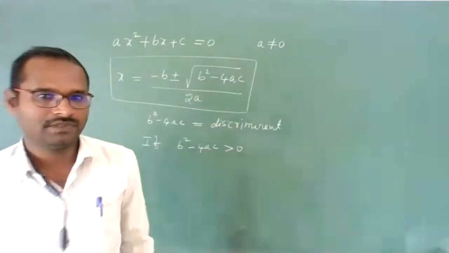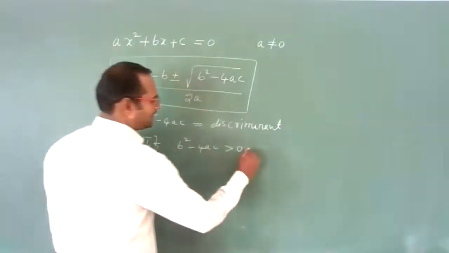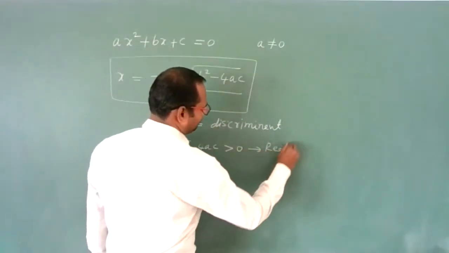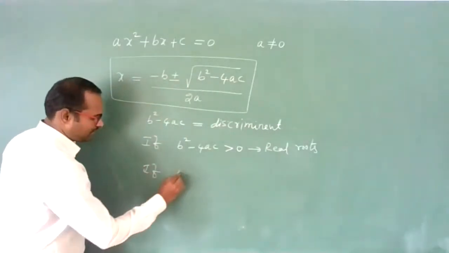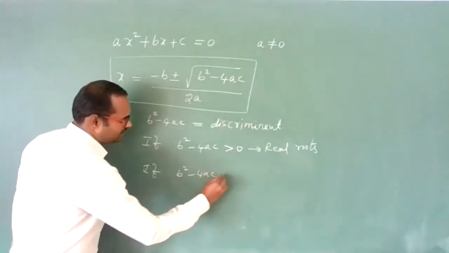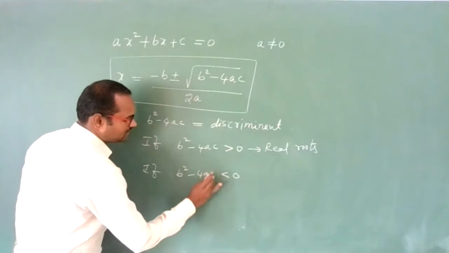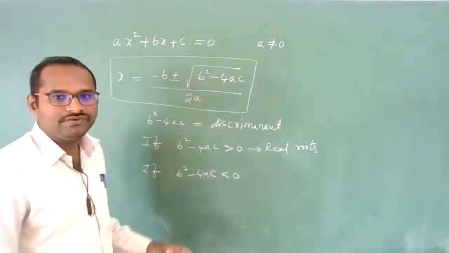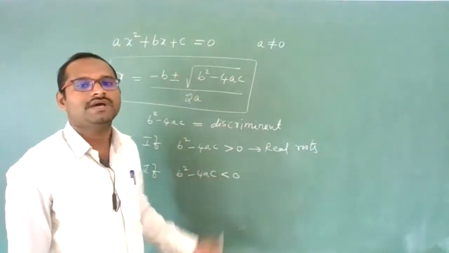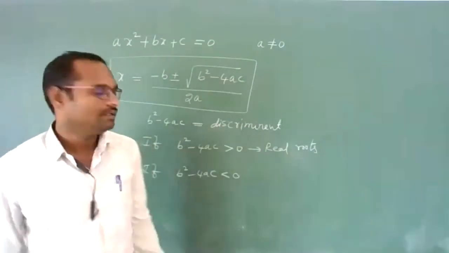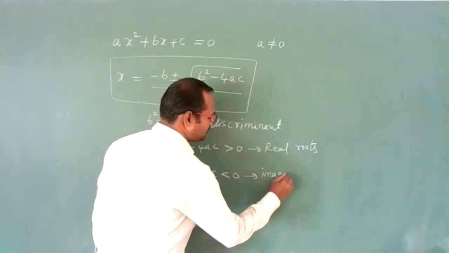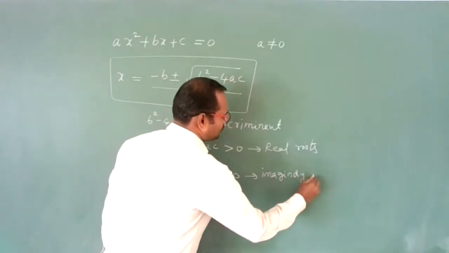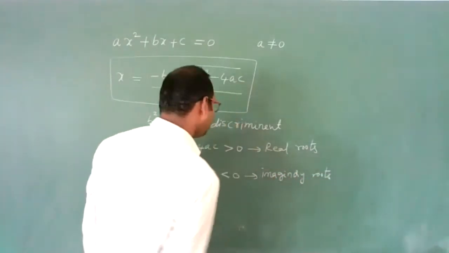And if the b square minus 4ac value is less than 0, meaning a negative value, then you will get imaginary roots.